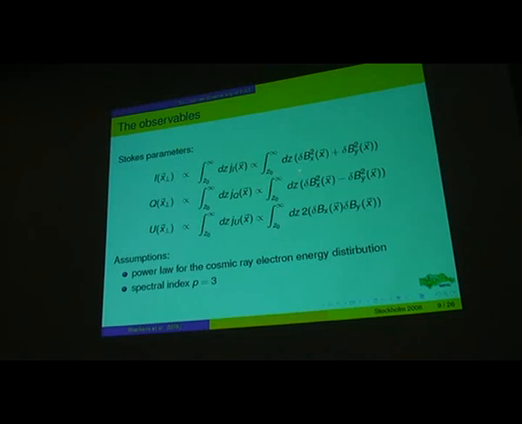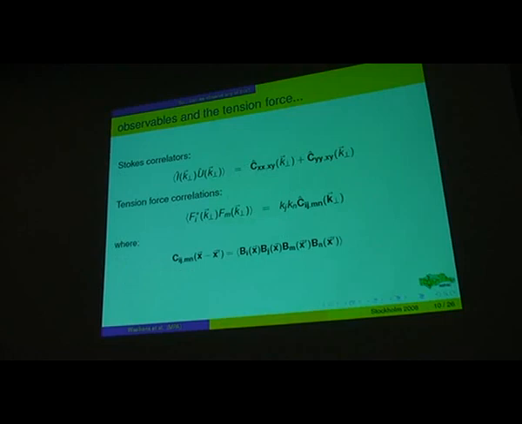Because this causes the magnetic fields in these integrals to always be fields to the power of 2. So you have here a Bx squared, a By squared, same thing here, and here you have BxBy, right? If I'm now going to start doing correlation, because that's what I'm going to do if I'm doing statistics, for instance correlating my I Stokes parameter with my U Stokes parameter, then I should have a correlator which contains 4 pieces of magnetic field, which you see in this point here.